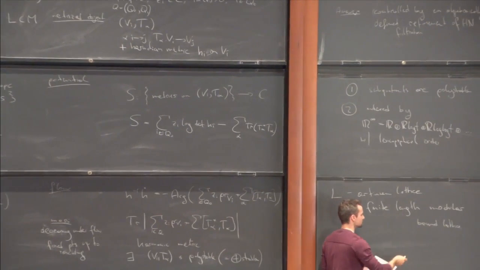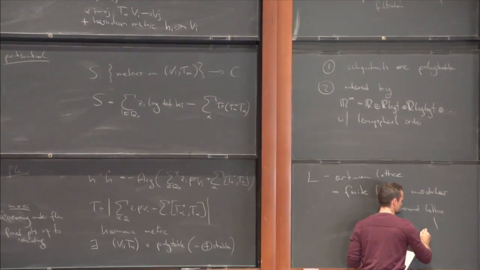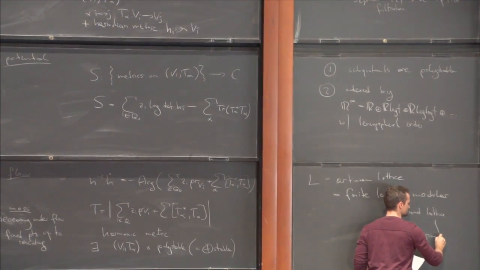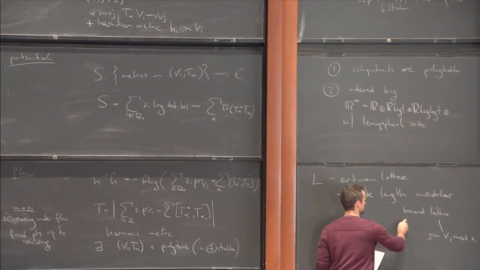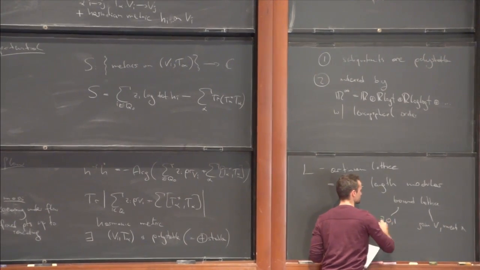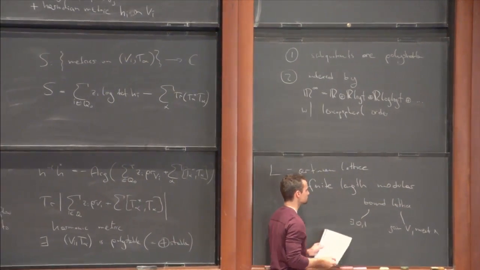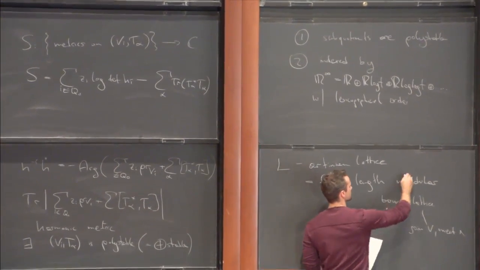So what does this mean? A lattice is something where you have join and meet operations. Bounded means just that you have a 0 and a 1, idempotent neutral elements with respect to these operations.